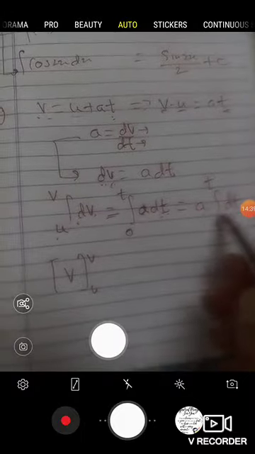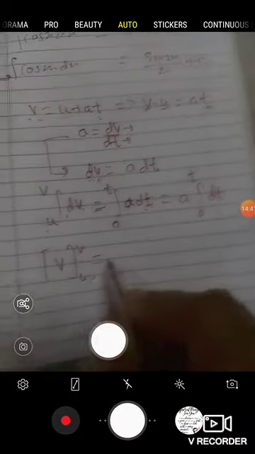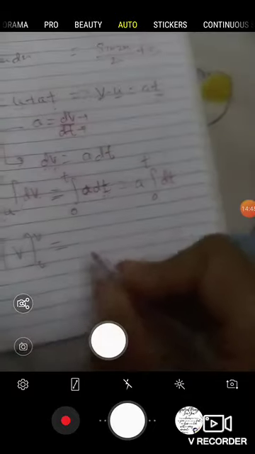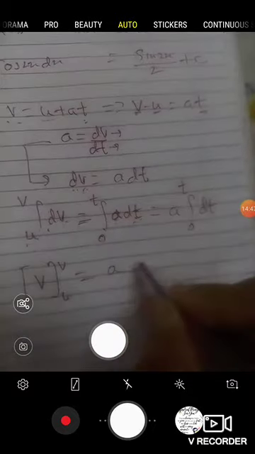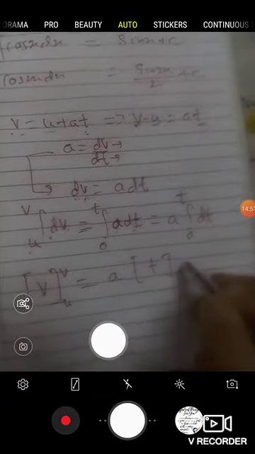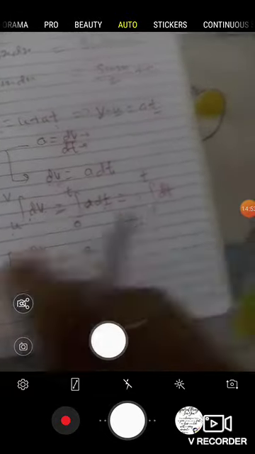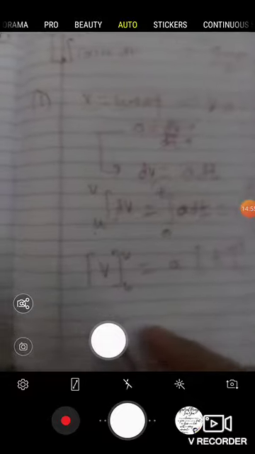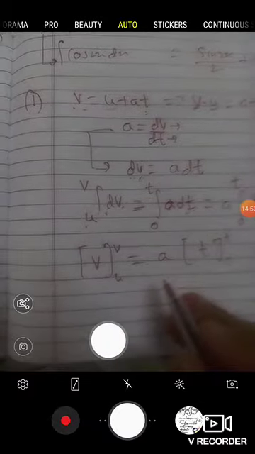If I consider this value now equal to a, and this becomes t from 0 to t. So how will I write this? Upper limit minus lower limit, I told you.